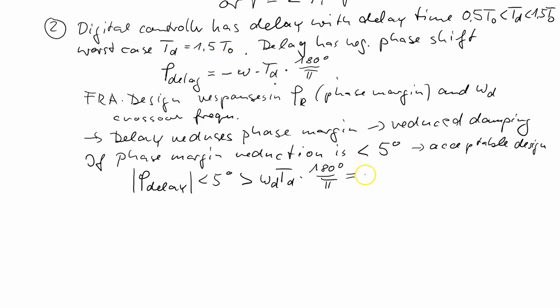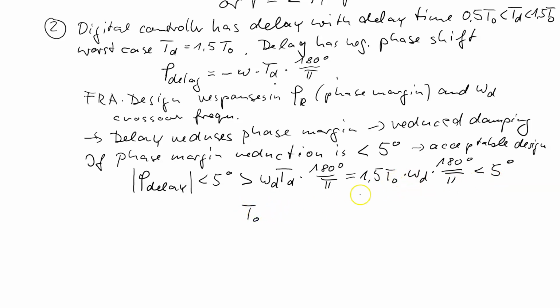This is 1.5 sampling time times crossover frequency times 180 degrees divided by pi, and this should be smaller than 5 degrees.